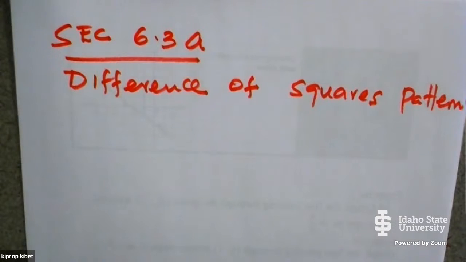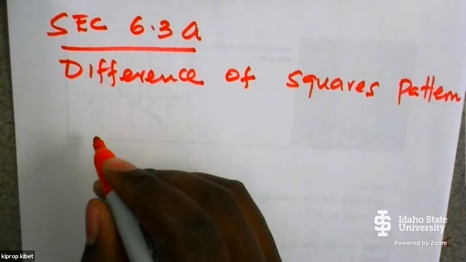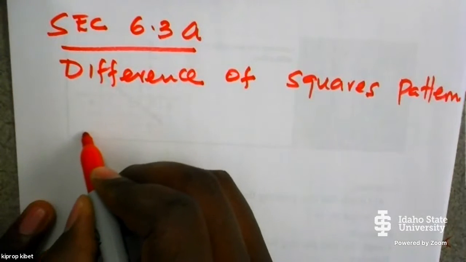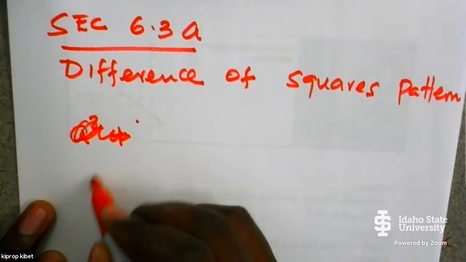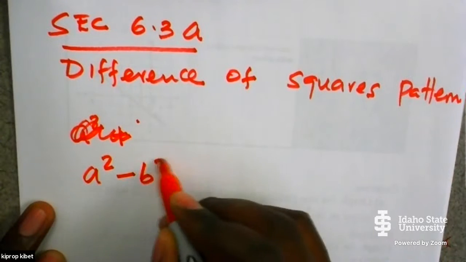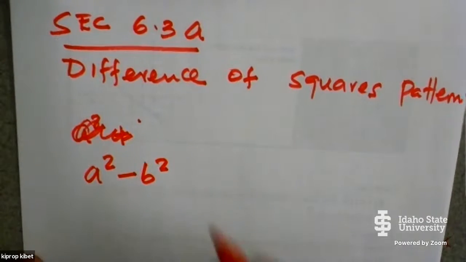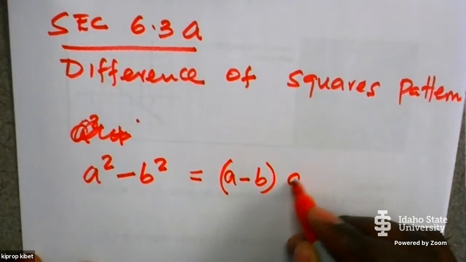Difference of square patterns. If you still remember the difference of squares, a square minus b square is a difference of what? Squares, right? And this is similar to a minus b, a plus b.